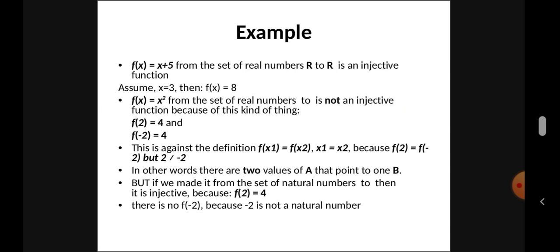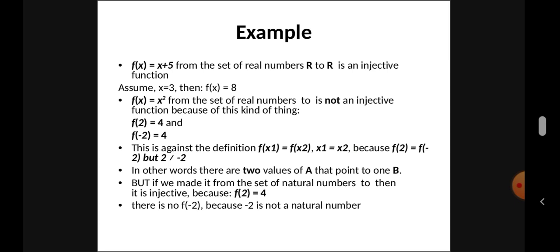Example: f of x is equal to x plus 5 from the set of real numbers R to R is an injective function. Why? Let's assume x is equal to 3. Then f of x is equal to 8. So here we can have the value 8 only when we put the value 3.